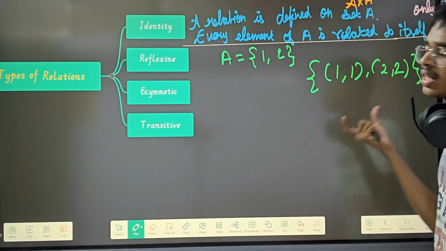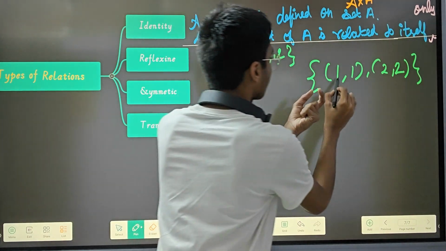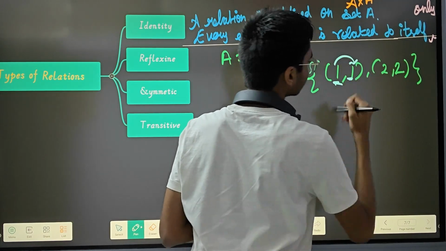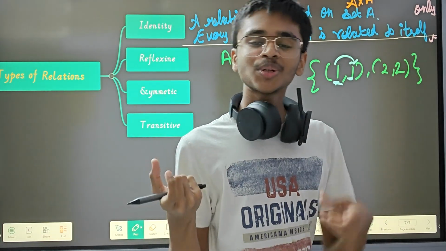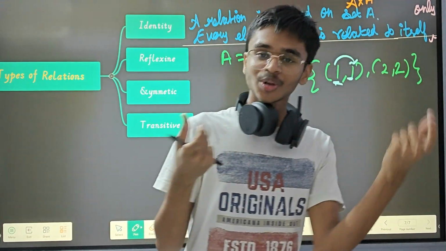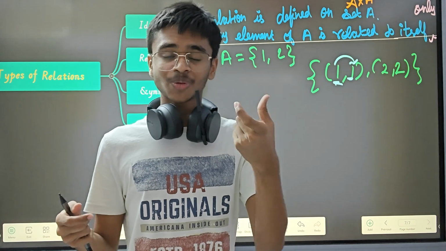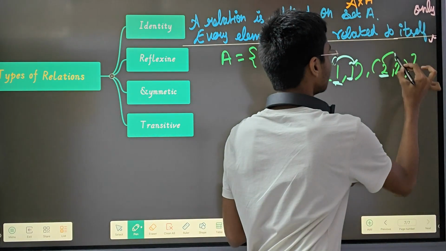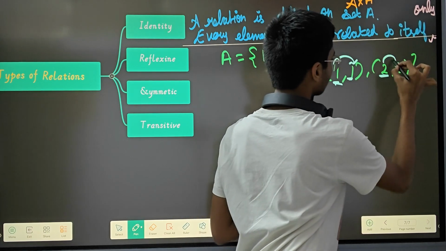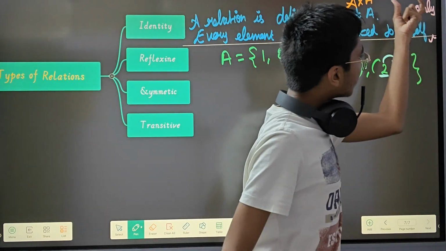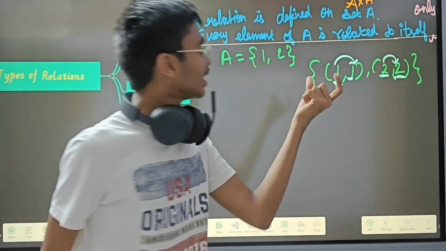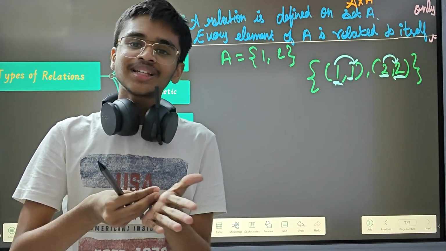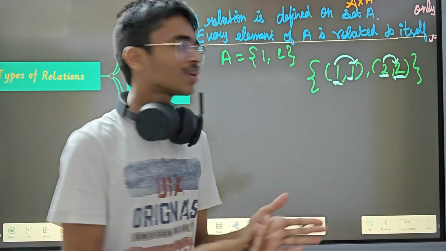Here, identity means this element should be related to this element, so (1,1) and (2,2). Each element of the domain should be related to itself in the range. That is what it means. And the word "only" means that it has to be only like this. Other than this, you should not add any other ordered pair.